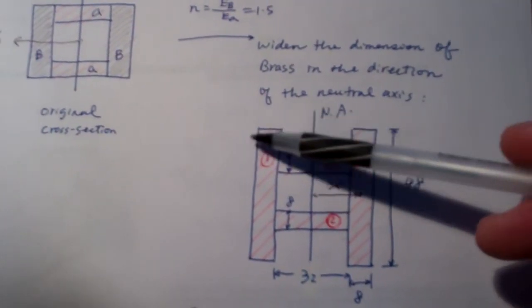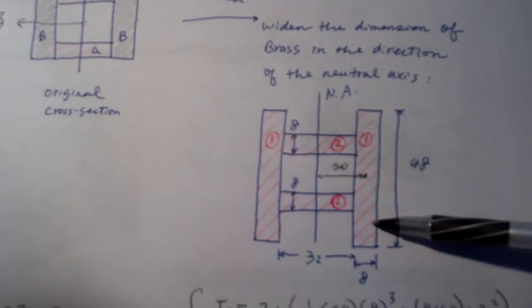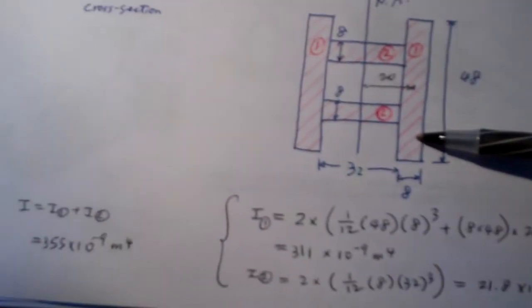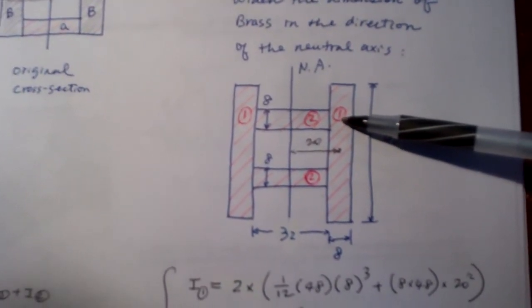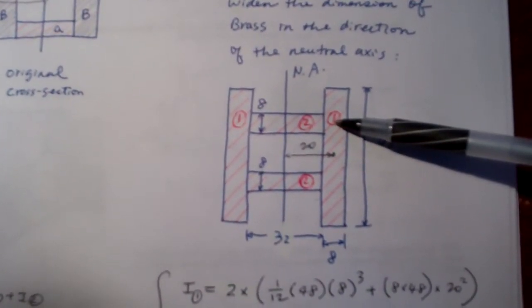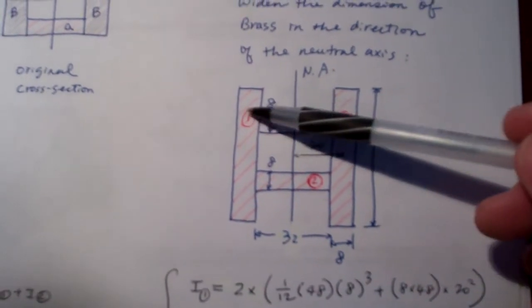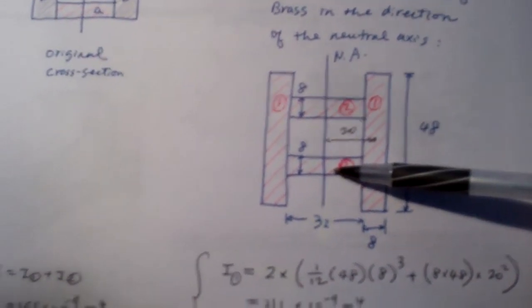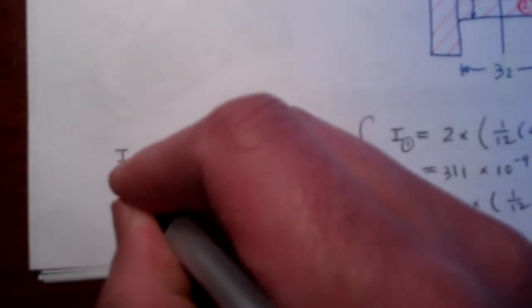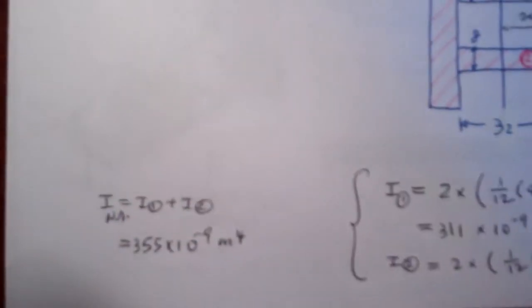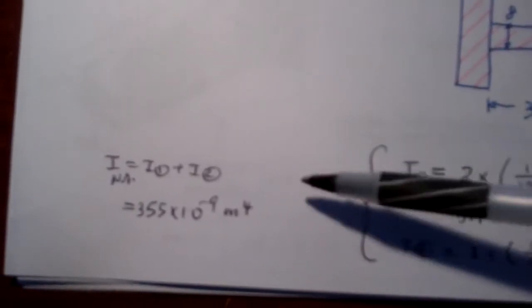Based upon this transformed cross section, we calculate the moment of inertia. Let me take the transformed cross section into two portions, portion 1 and portion 2. The moment of inertia with respect to the neutral axis is the summation of the two.